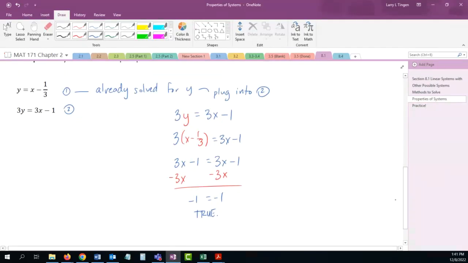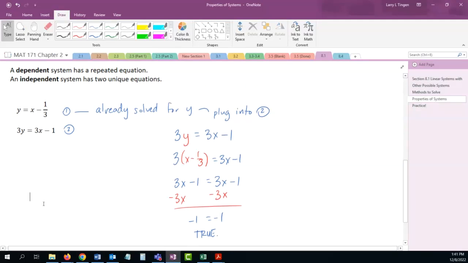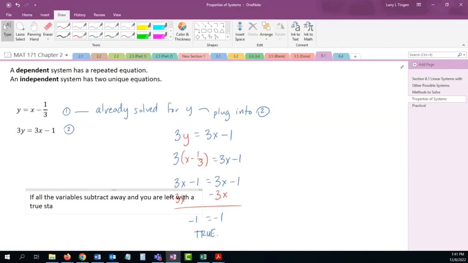So I wanted you to see this done one time with substitution, one time with elimination. And now, what do I have? All the variables subtract away. You're left with a true statement.